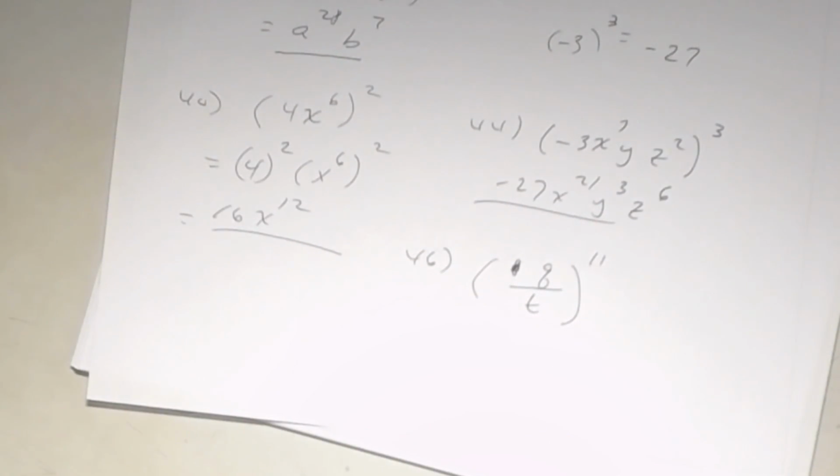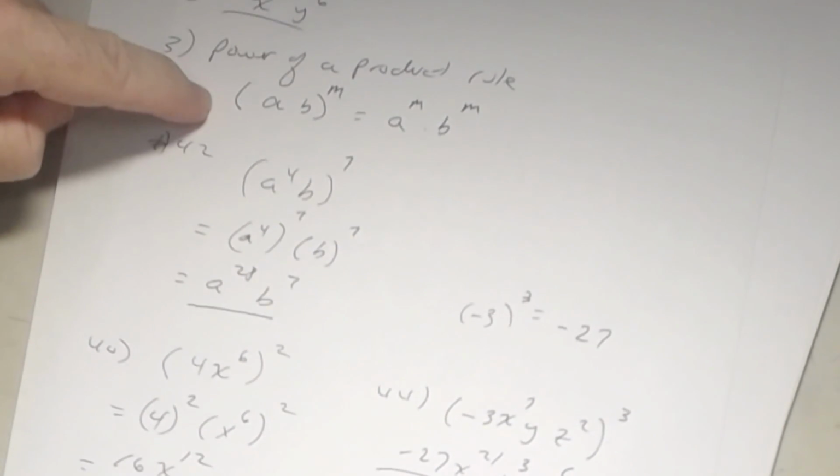So Q over T. You just do it just like you did before. It's Q divided by T. Wouldn't it still be Q divided by T to the 11th power?